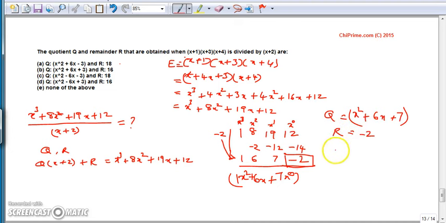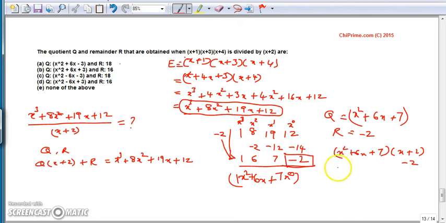Now let's check to make sure this is correct, right? So x squared plus 6x plus 7 times x plus 2, minus 2, should be equal to the expression E, which we expanded out to this here. If that is equal, then we know we got the right Q and R.